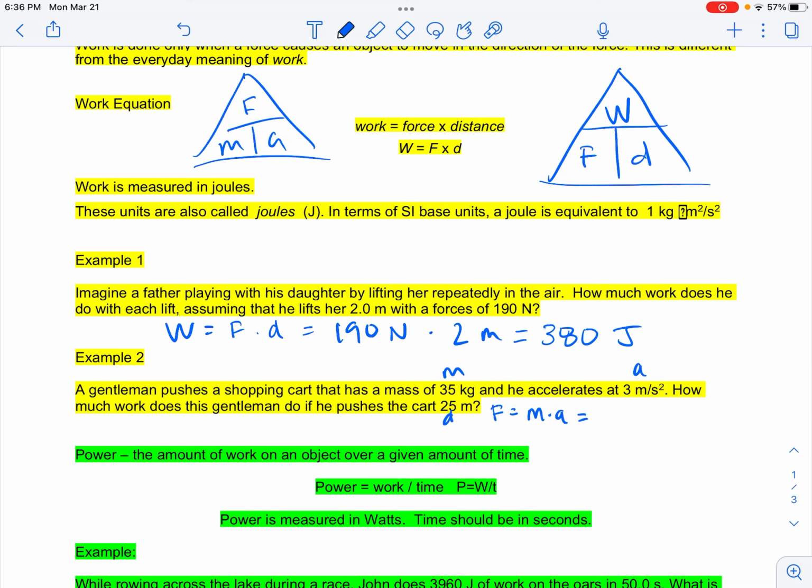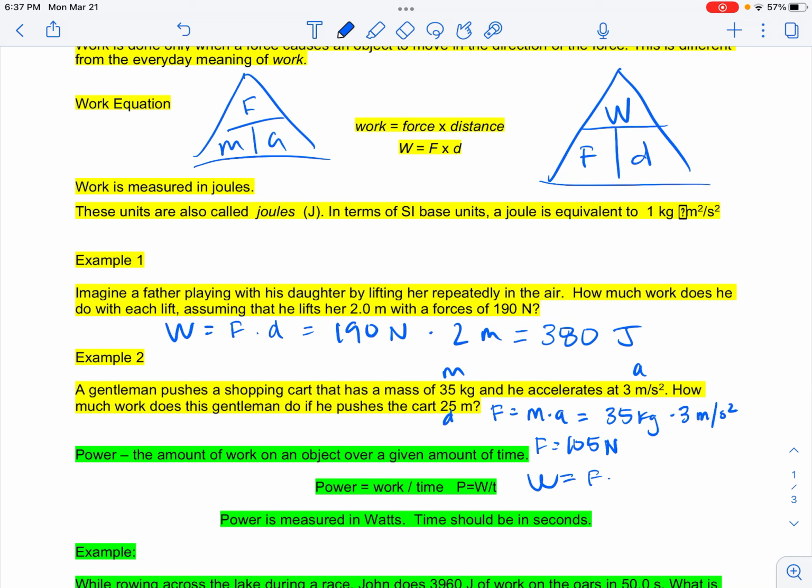The mass is 35 kilograms and the acceleration is 3 meters per second squared. So 35 times 3 is 105 for your force, in newtons. Then we take the 105 times 25 to get our work.